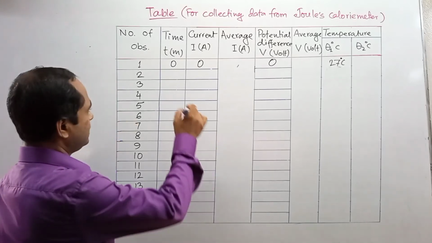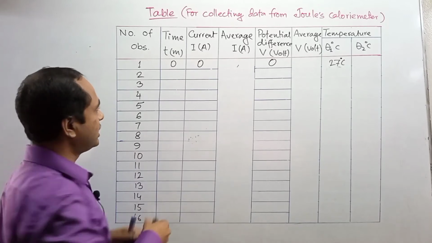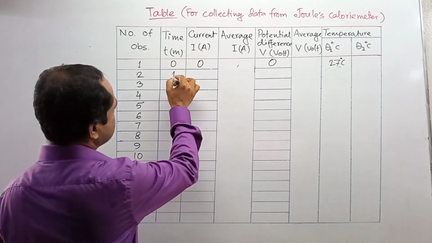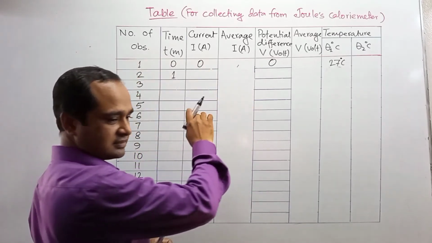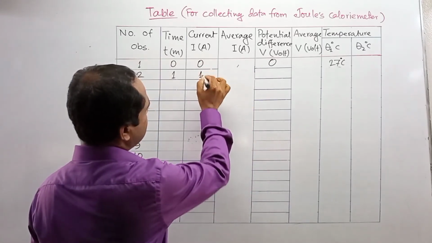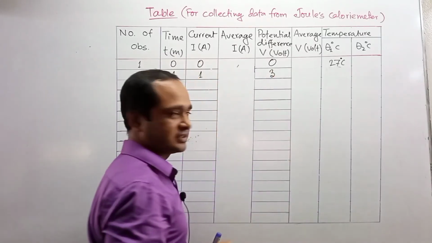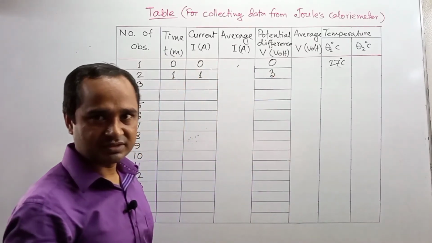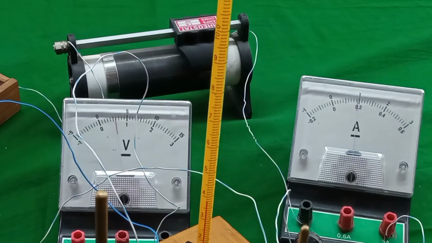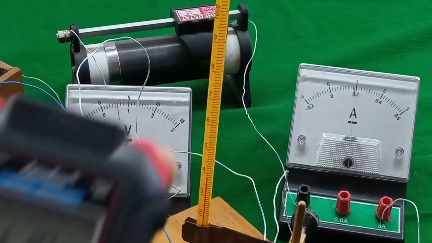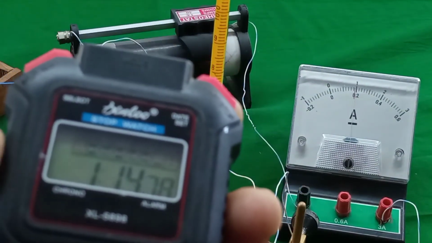So when time is 1 minute, the ammeter reading, that is current, was 1 ampere and voltmeter reading was 3 volt. Dear student, now we are going to wait for the second reading, that is we have started the second observation.